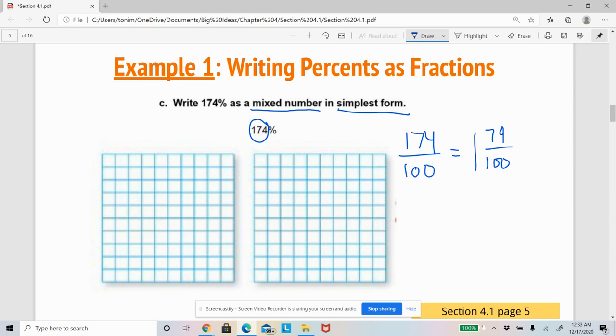It ends in a 4 and a 0, which are even numbers, so it's divisible by 2. So I'm going to divide by 2, and I'm going to get 37 fiftieths, and then just don't forget the 1. And that is my mixed number in simplest form. Okay. And that's it for example 1.